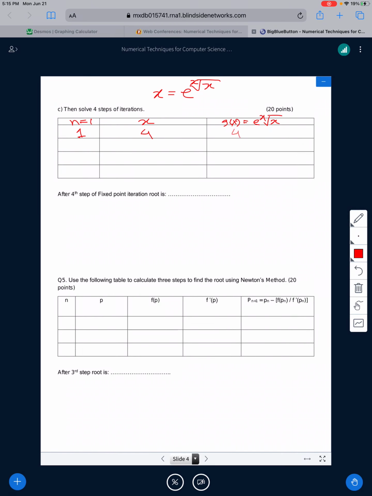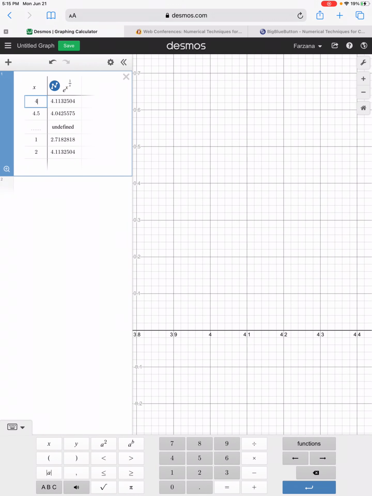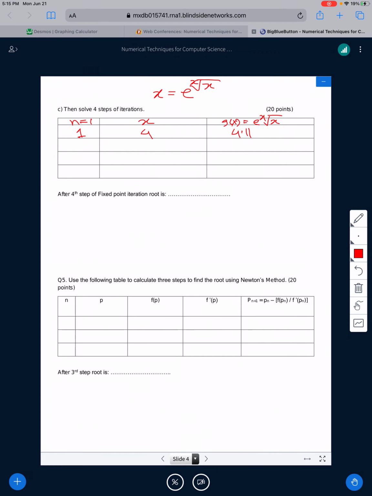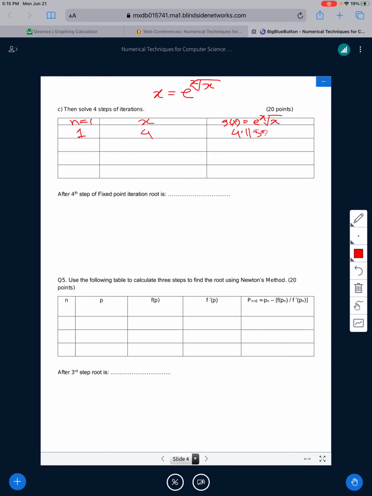So you are starting with 4. It is giving you 4.1132504. So in the second step, what you are going to do is replace your x by this one and calculate the new g of x. Then you will replace x by this one, calculate the new g of x. Then you will replace this one.